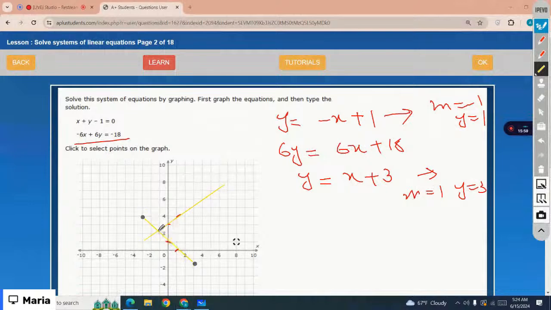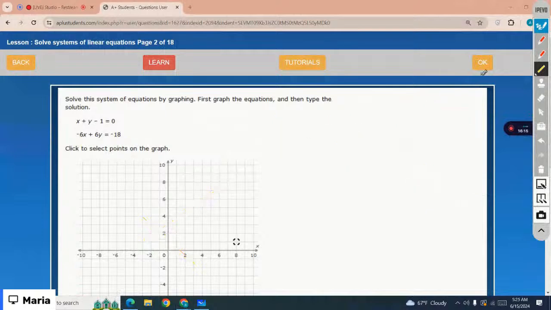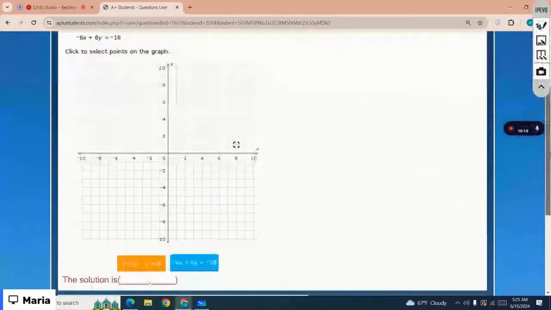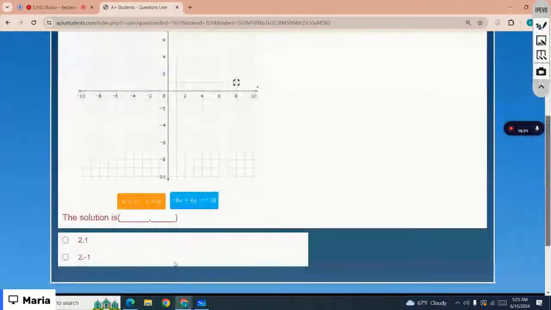So here is the point of intersection. I think that would be here. X is 1 and y is 2. So the solution is -1 and 2. The solution is 2 and -1, right?